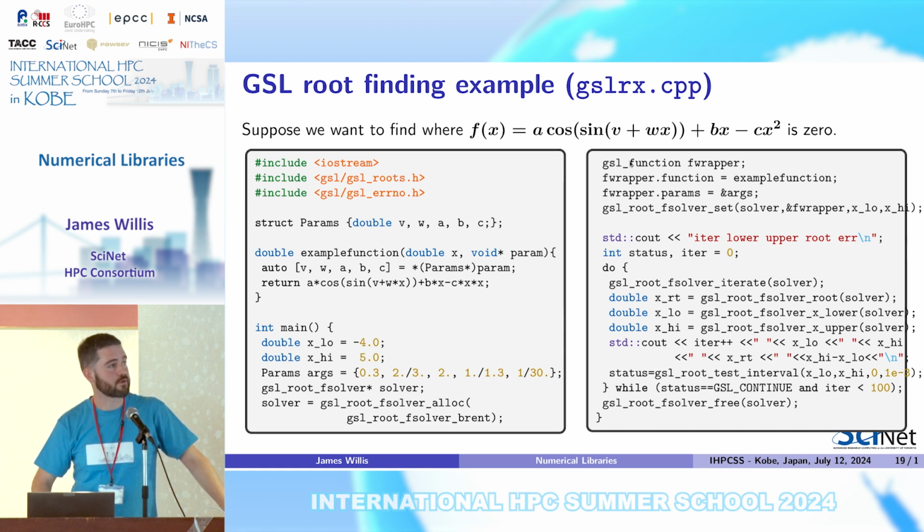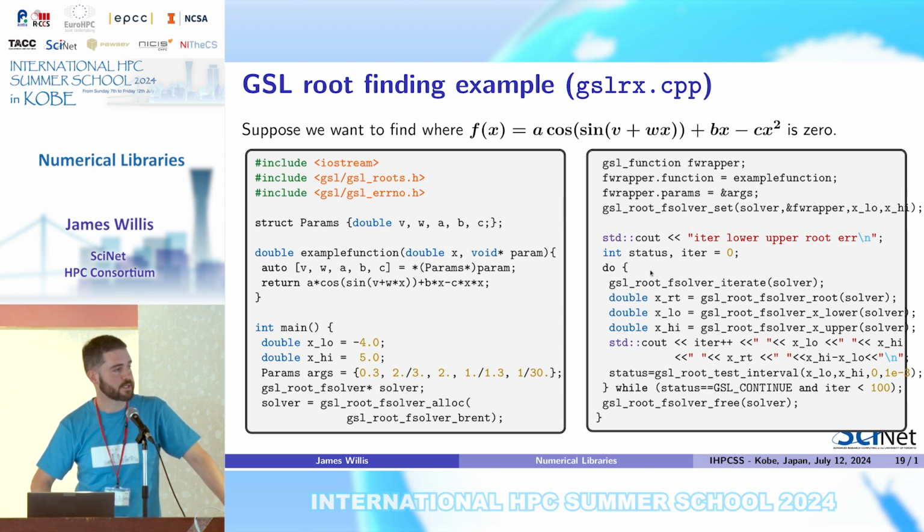And then we'll create a wrapper for the function just to point to the example function we've created here. And we'll pass it the list of arguments that we've set in the structure parameters here. And then we'll pass all of that to our root solver in GSL.